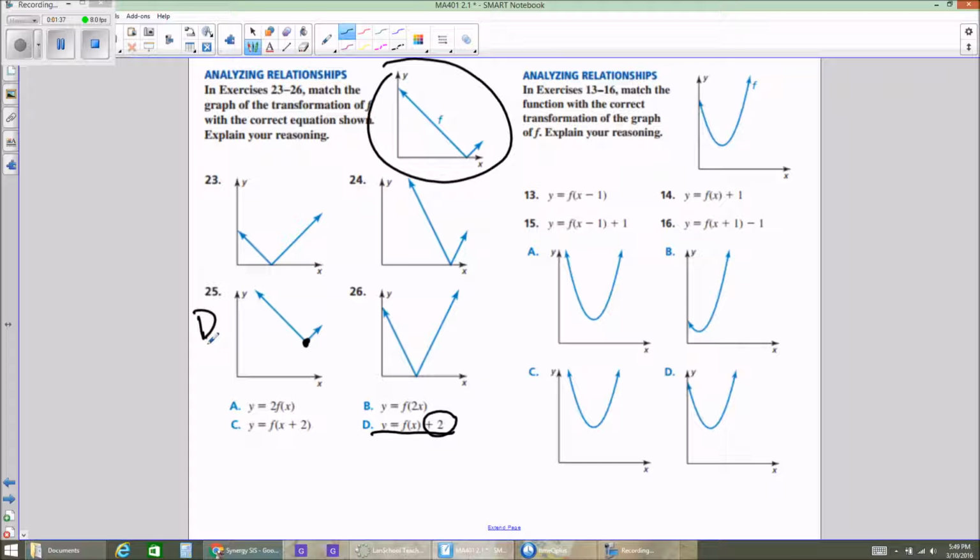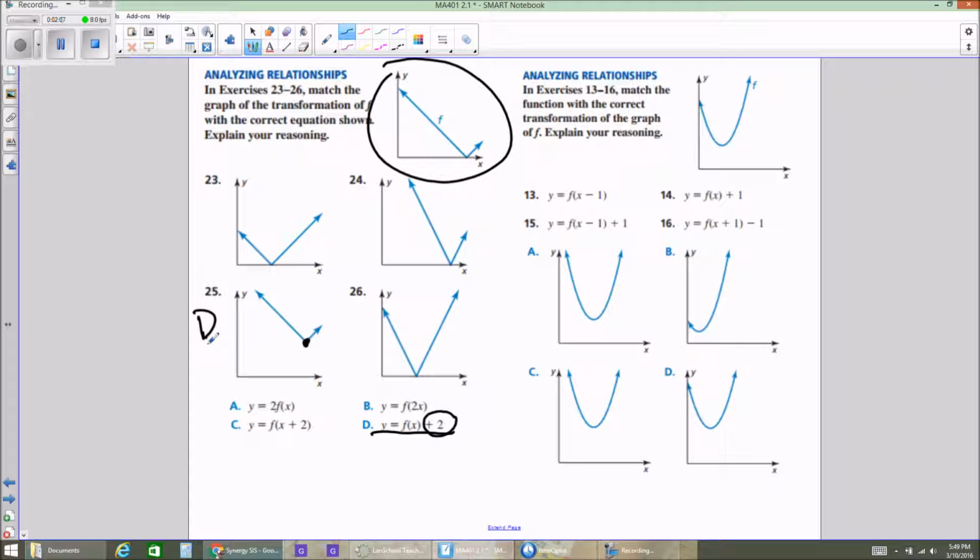Okay, now that's the quickest, easiest one. Now go ahead and look at 23, 24, and 26. Two of those look to be a bit taller or narrower than the original graph. And one of them appears to be about the same as the original graph.